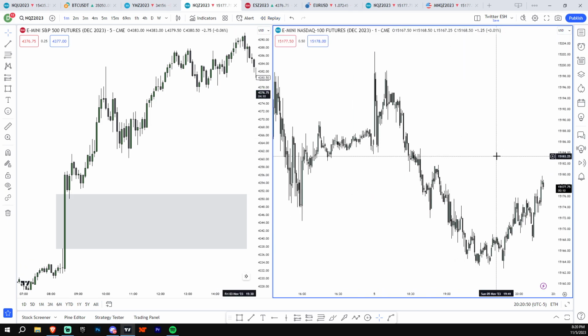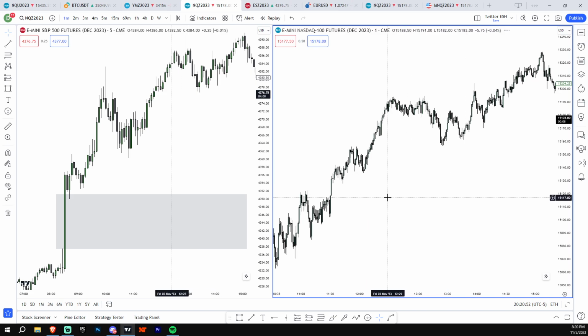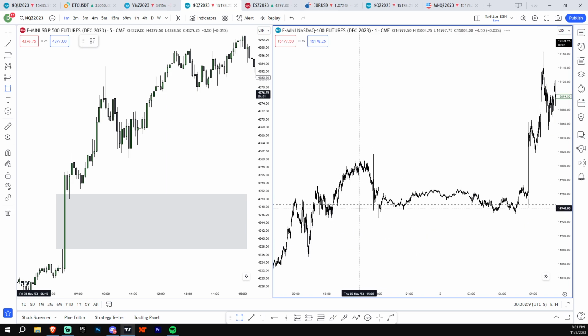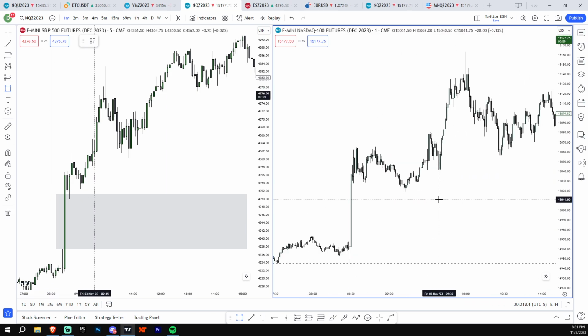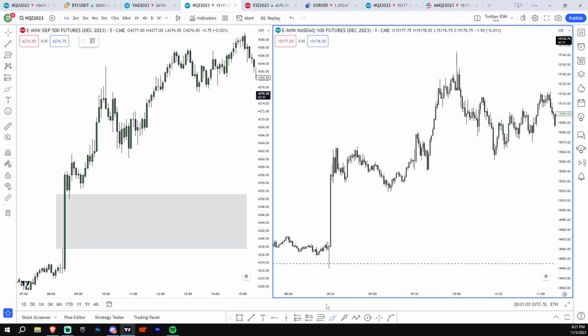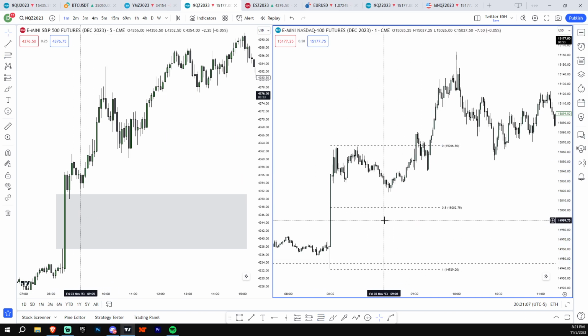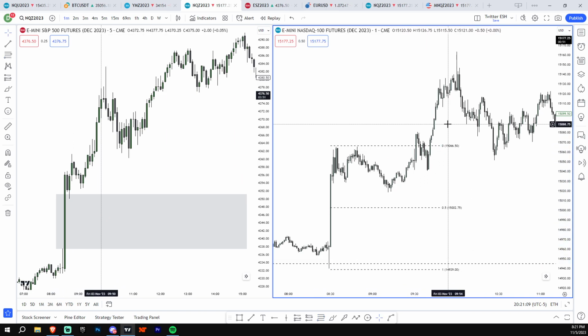So literally what I do is, do you mean how do you know if we're going to hit discount and then bounce? Are you saying how do you know if the market's going to go to this 0.5, and then how do you know it's going to bounce off this 0.5?